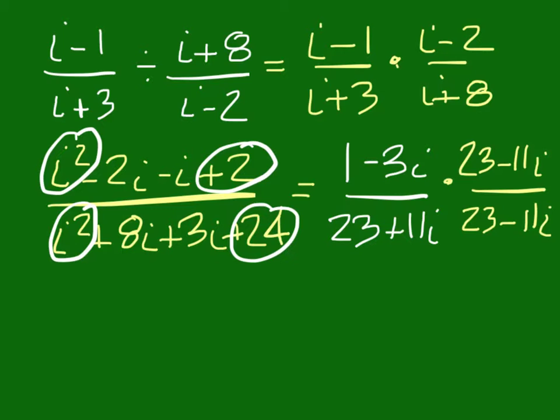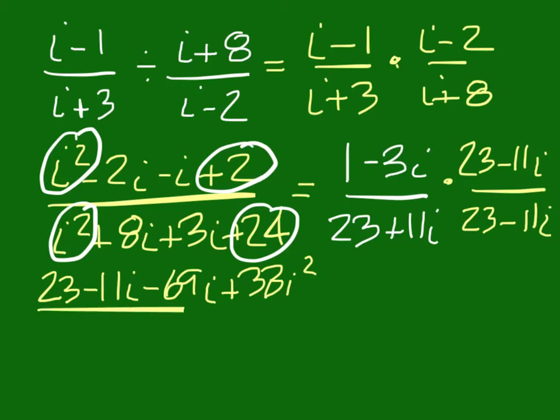Alright, so on the top we'll have a 23 minus 11i minus 69i plus 33i squared. I squared, yeah. And then on the bottom, let's see, 23 squared would be 529.